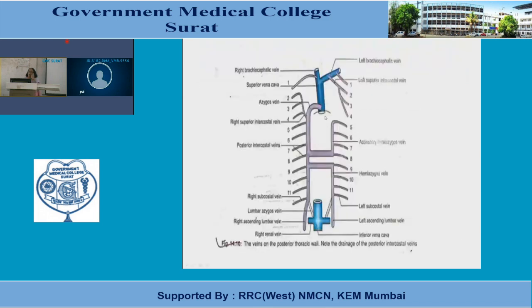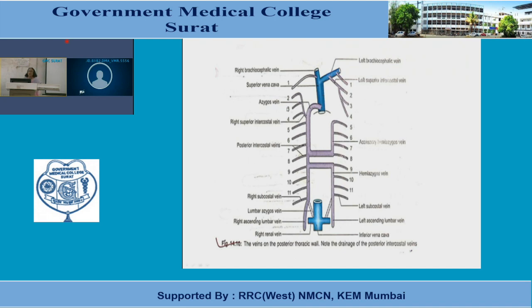You can see around the hilum of the right lung, the arch of the azygous vein. And this is the important superior vena cava. The superior vena cava is formed by the right brachiocephalic vein and left brachiocephalic vein. Both of these, behind the sternal end of the clavicle, go to form the superior vena cava, and it drains the blood into the right atrium of the heart.